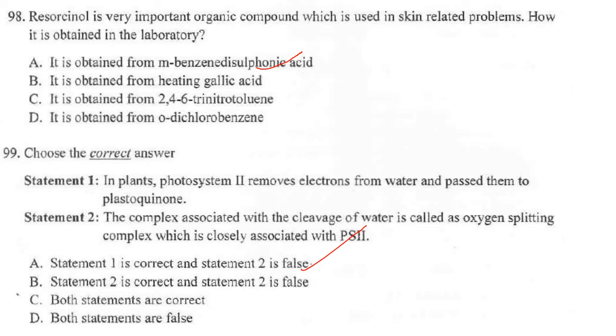So the answer is option A. And the oxygen evolving complex, also known as water splitting complex, is the portion of the photosystem 2 where photooxidation of water occurs during the light reactions of photosynthesis. It is not oxygen splitting complex, it is water splitting complex. So answer is option A, that is statement 1 is correct and statement 2 is false.